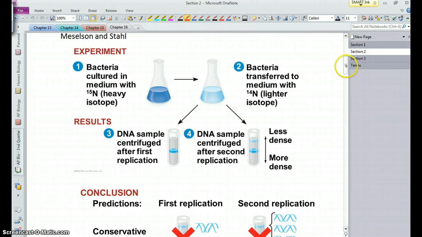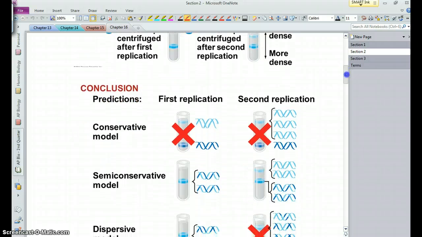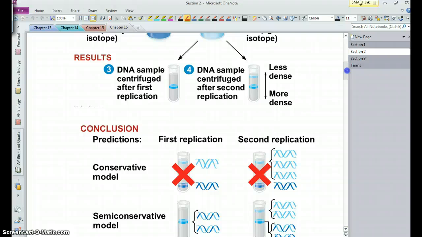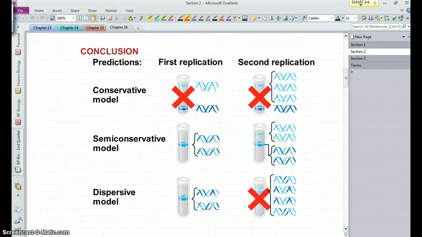So you're going to have some of the DNA in this sample that has the heavy isotope and some that has incorporated the lighter isotope in later stages of replication. So let's see what happens.